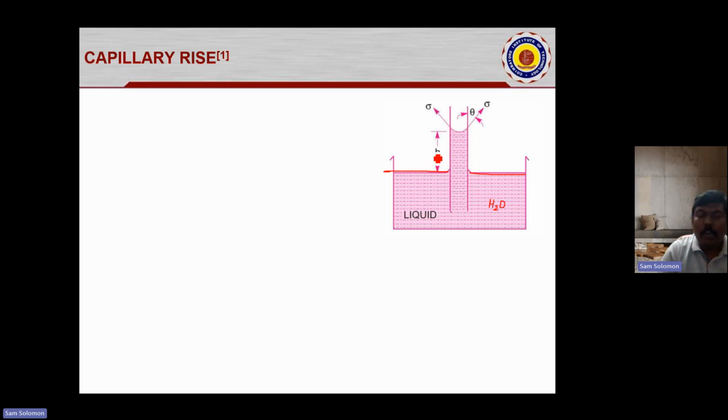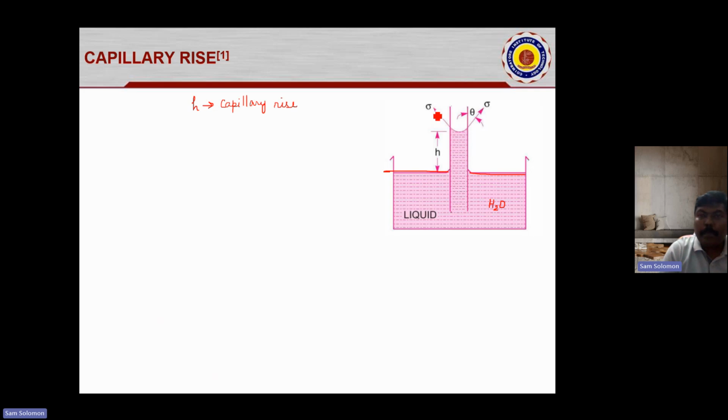The height of this fluid, which is higher than the liquid in the vessel, is denoted by h. And that is what we call capillary rise. So this h is the amount by which the fluid rises inside this particular tube.